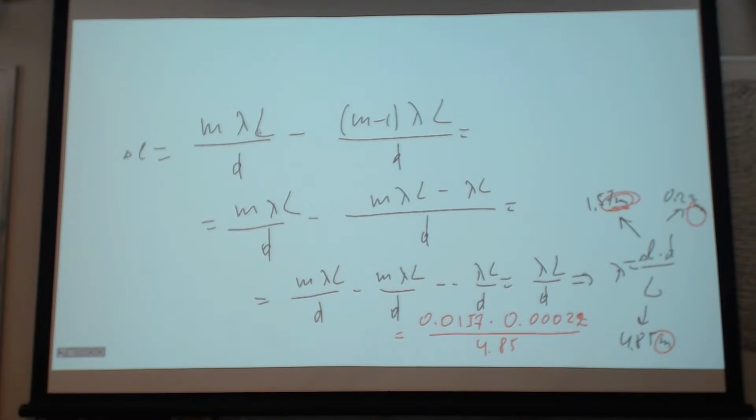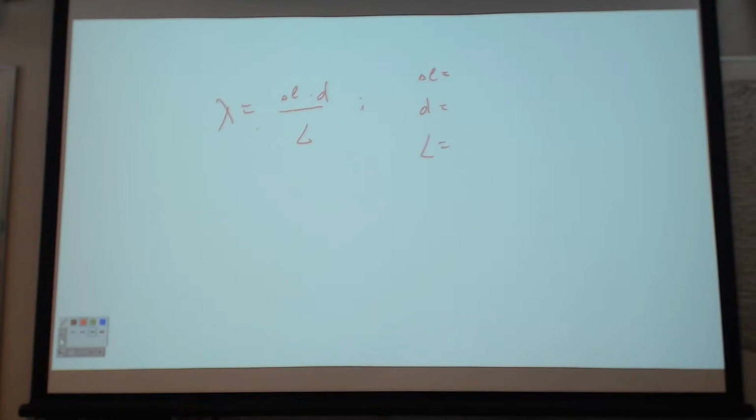How many trials do you have left? It says 3 more. It says it was wrong. Again, we need wavelength, which equals delta L times d over L. What are your numbers?